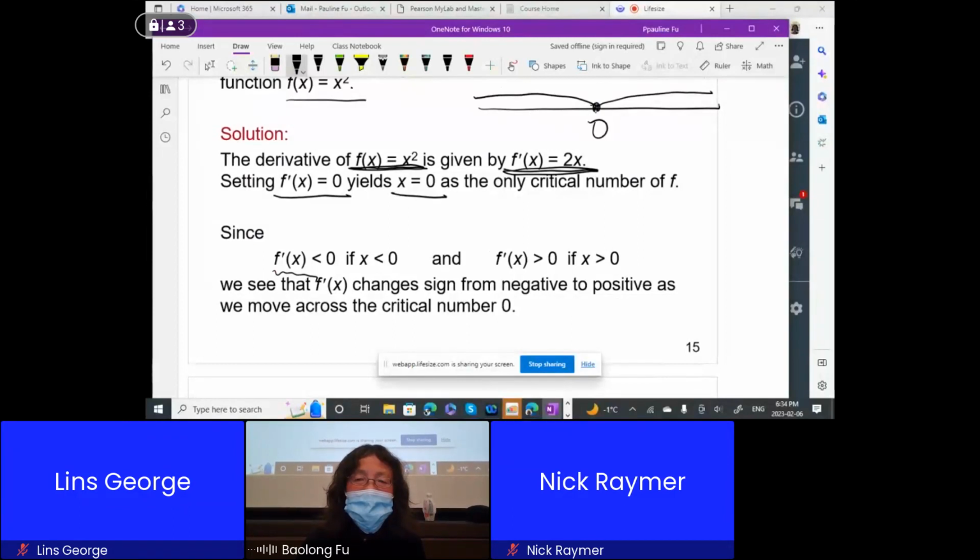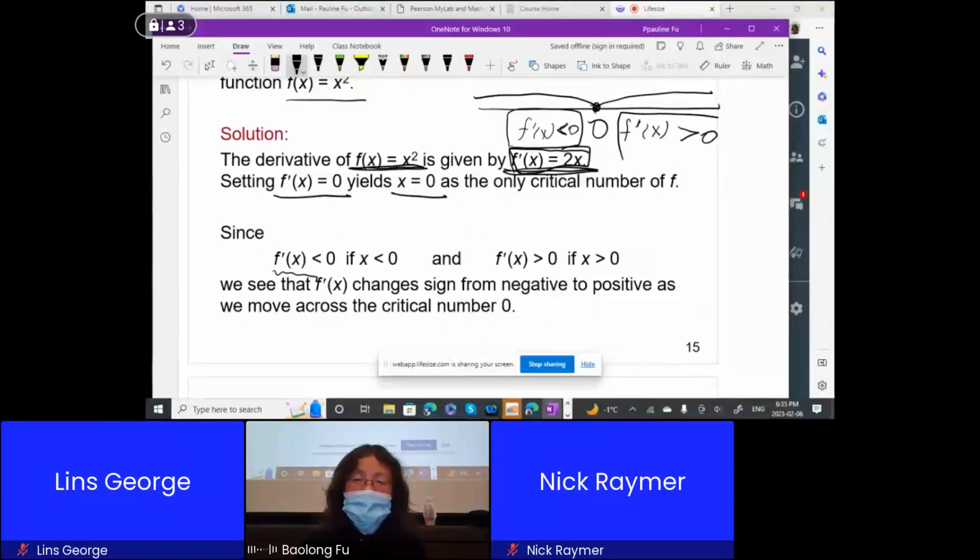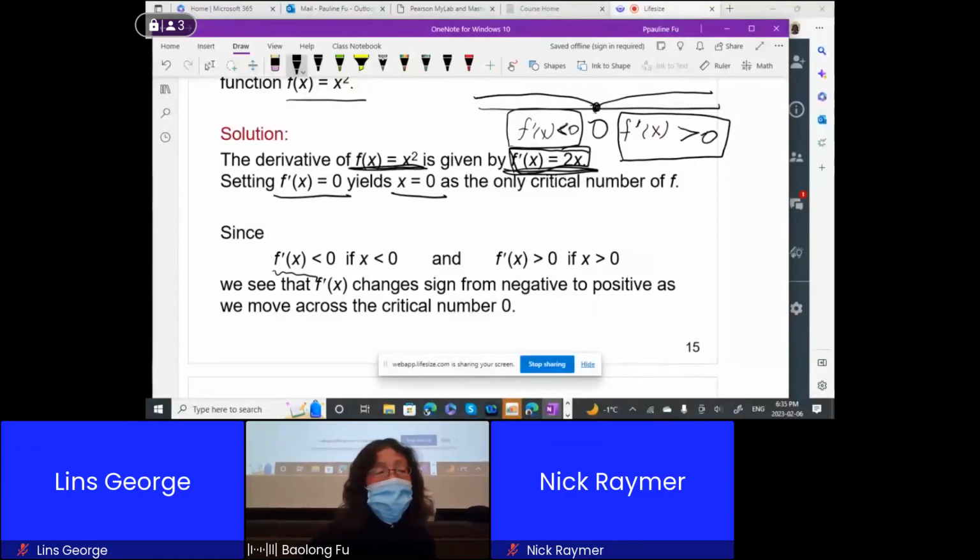When x is smaller than 0, the derivative is smaller than 0 because the derivative is 2x. And when x is greater than 0, the derivative is greater than 0. Do you see the derivative changes sign from smaller than 0 to greater than 0?